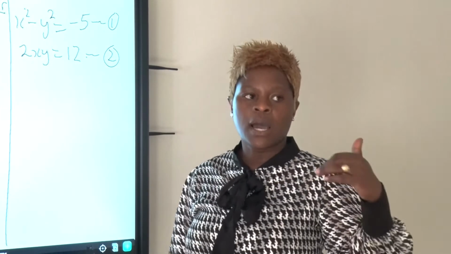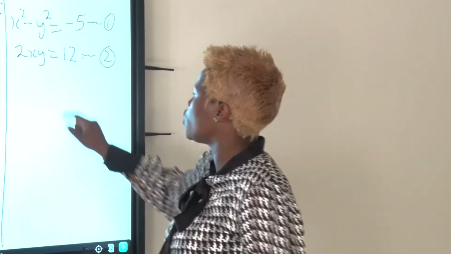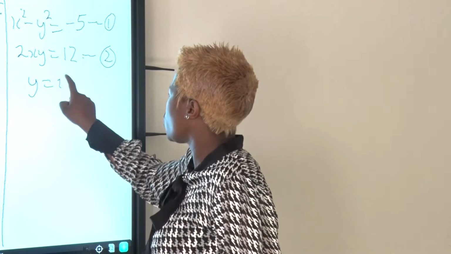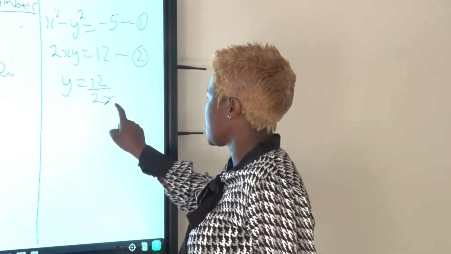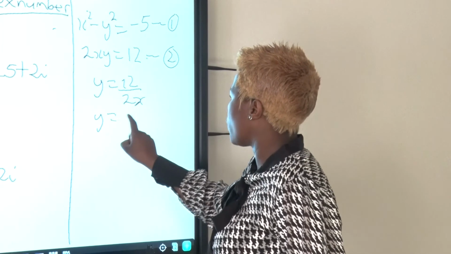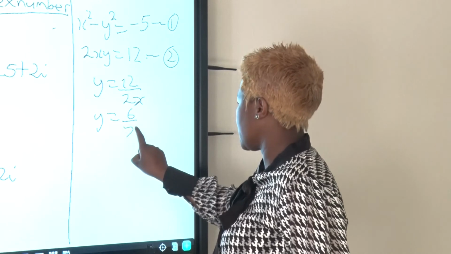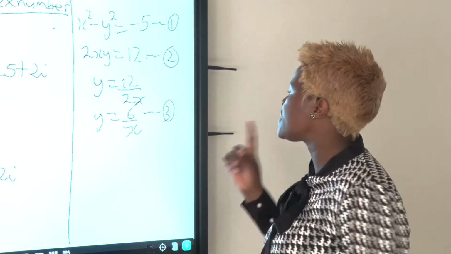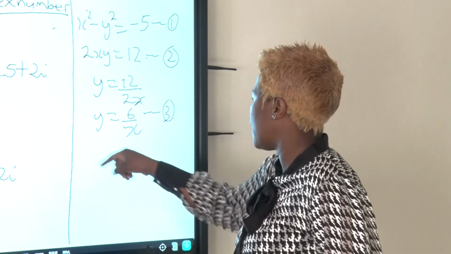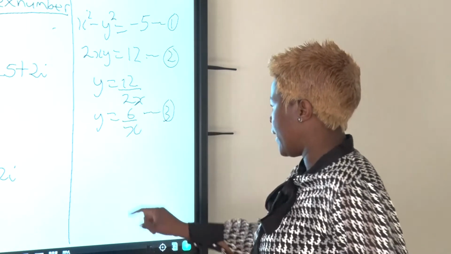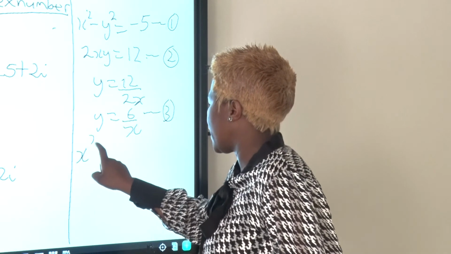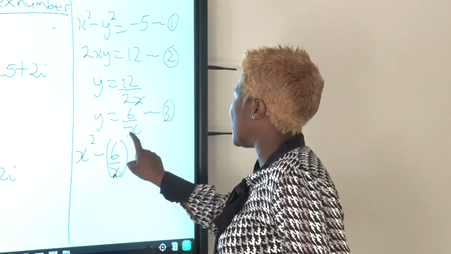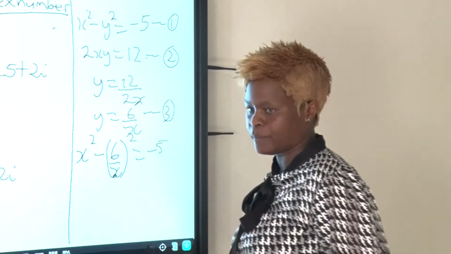So I will choose equation number 2 and make y the subject of formula, and it will be y is equal to 12 over 2x. When I further simplify this, I'll get 6 over x, and this becomes my equation 3. I then substitute the value that I get into equation 1, and it will be x squared minus y squared, I write 6 over x, squared, is equal to minus 5.